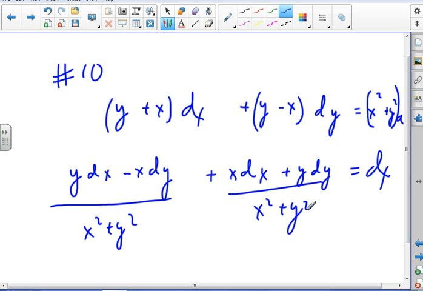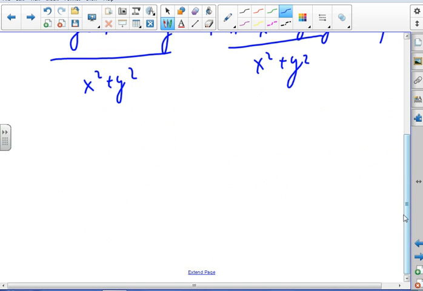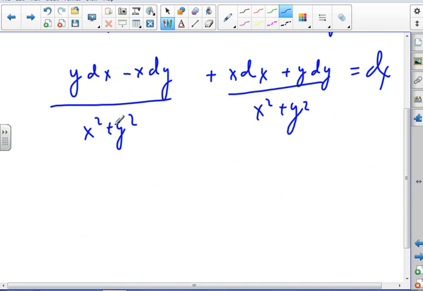Again, if I wasn't in this section of the book, my ability to solve what it is that I'm doing would be limited. See, this is dx here, even though I can't see it. Now I'm hoping that these two forms are in the front. So I've got a y dx minus x dy over that guy, y dx minus x dy.